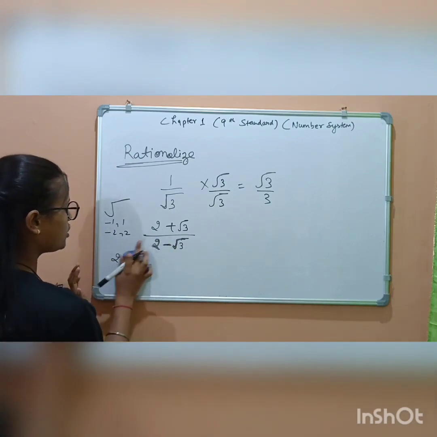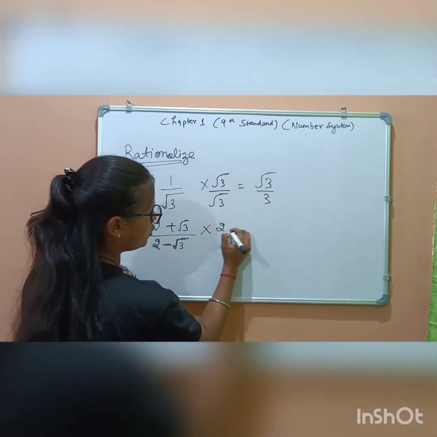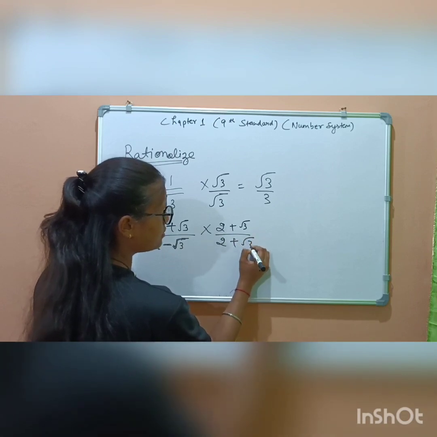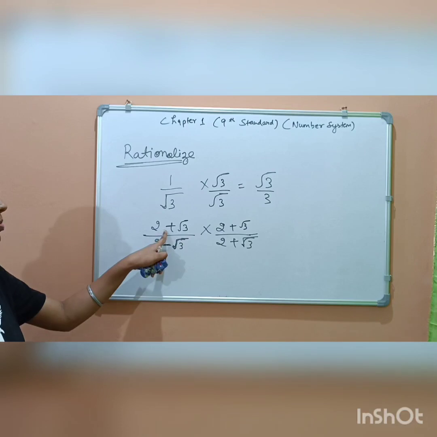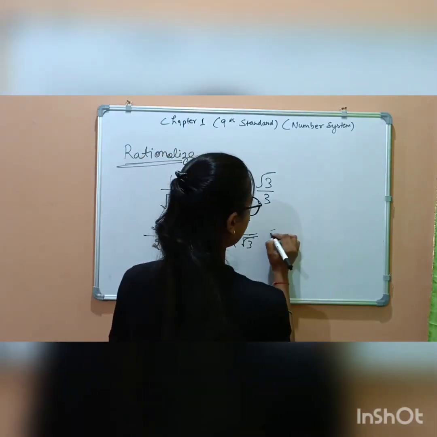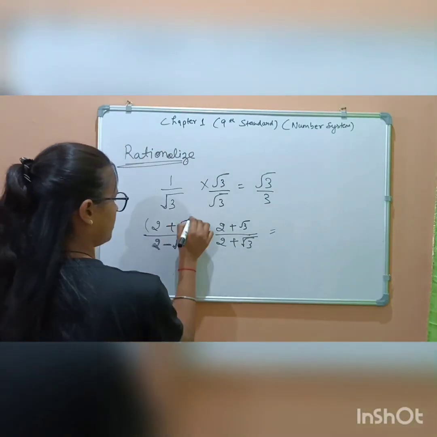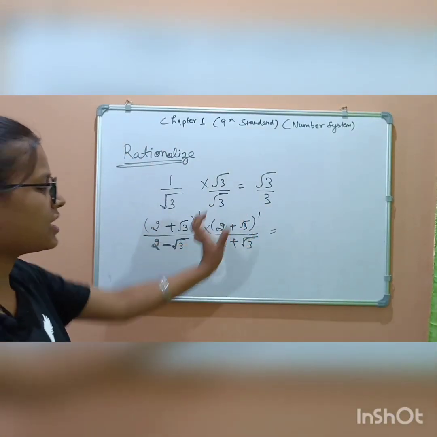So multiply with 2 plus root 3 upon 2 plus root 3. 2 plus root 3 into 2 plus root 3, what does it come out to be? When the bases are same, powers are added.